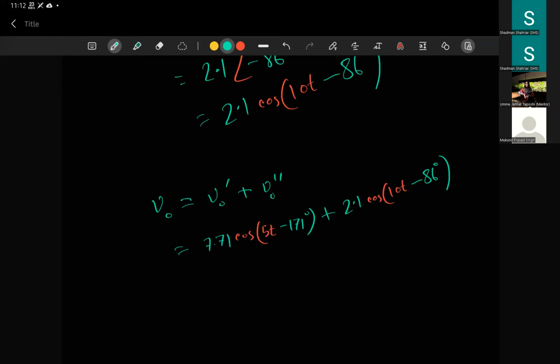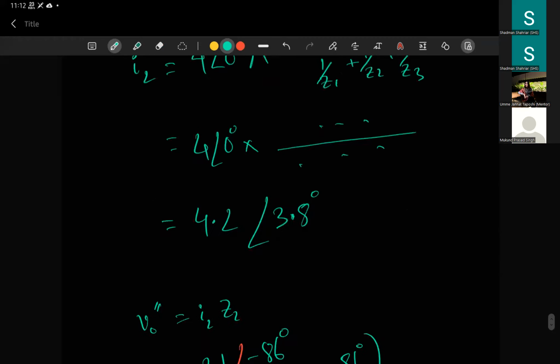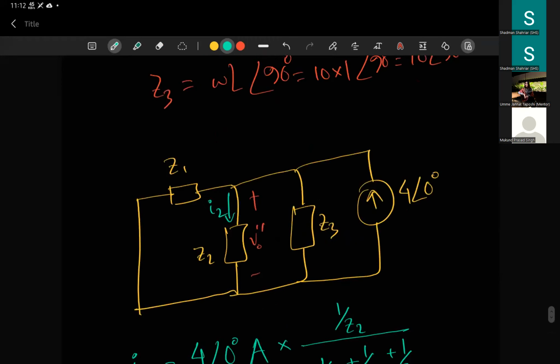For example, if you had used node analysis here, it was also easily solvable. You only have 2 nodes and one of them would be ground, and you have to write the equation for the other one. So this is how you would do AC analysis.